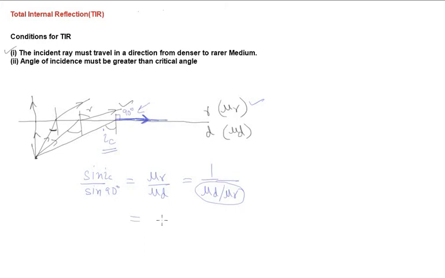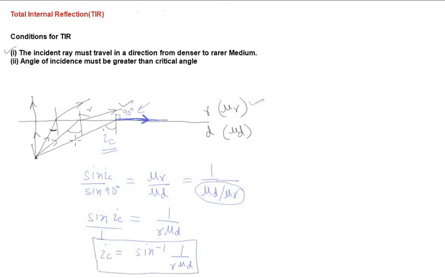It is the refractive index of the denser medium with respect to the rarer medium, and sine 90 gives you 1, so sine ic will simply be 1 by mu d r. So the critical angle ic can be found by using sine inverse of 1 by r mu d. This is how you find the critical angle.